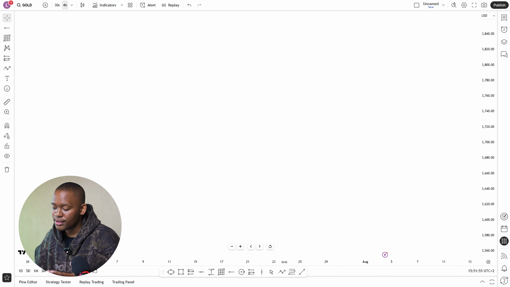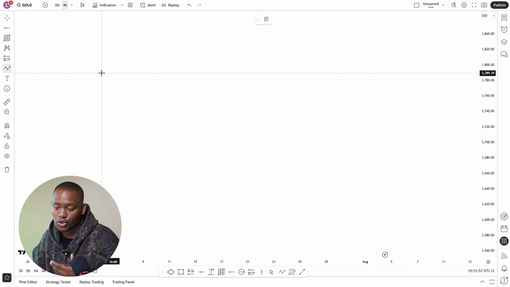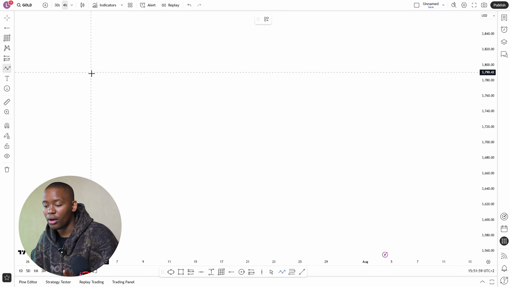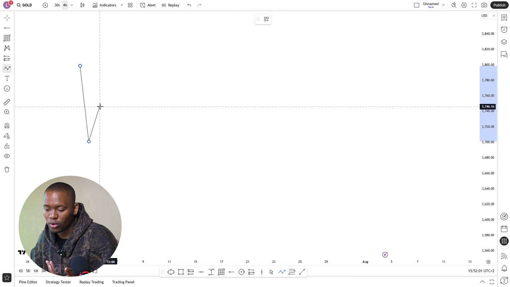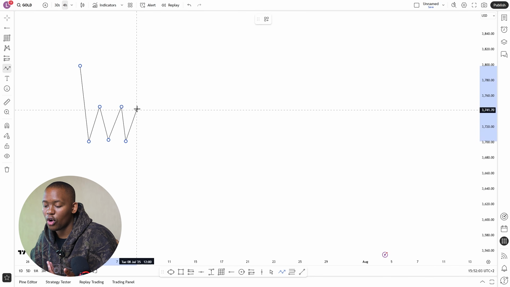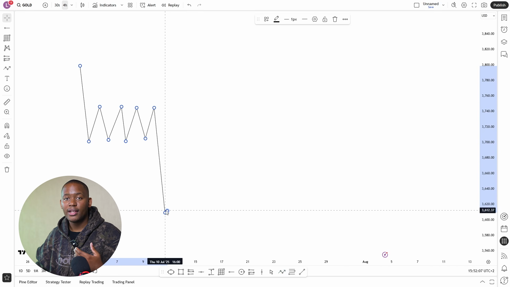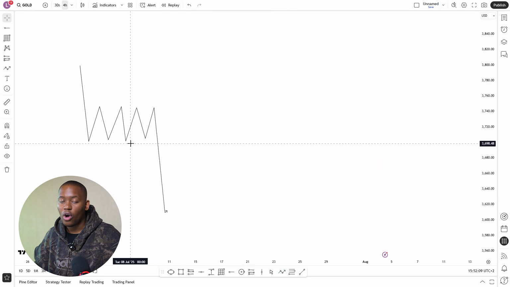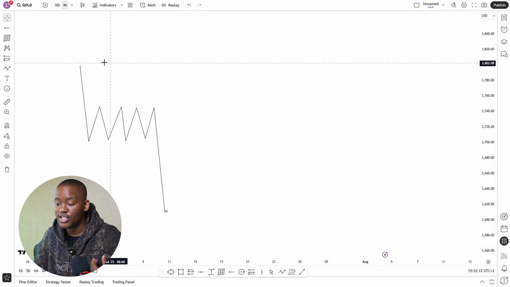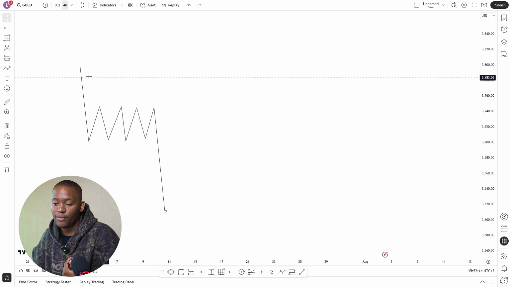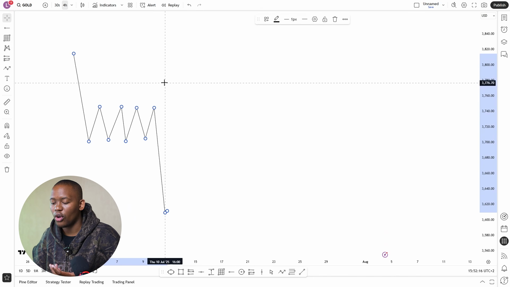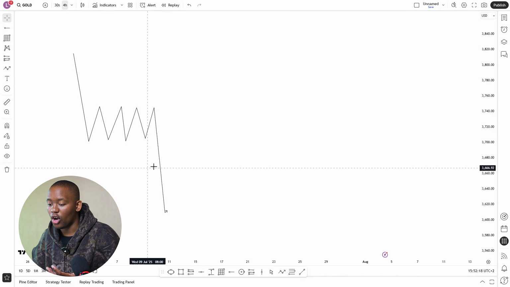So the very first entry model that you will find on the market is based on continuations. Let's say you are trading in a downtrend and you are expecting the market to continue moving in that downtrend; that entry model is based on a continuation.